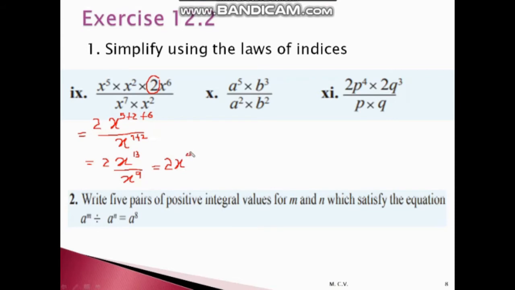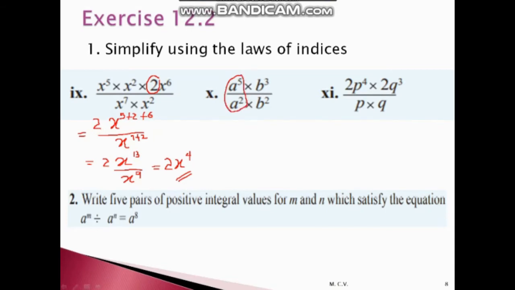Let's see the next one. In that, the powers with the same base: a to the power 5 divided by a to the power 2. So the base is a. This is a division, so you can subtract the indices.